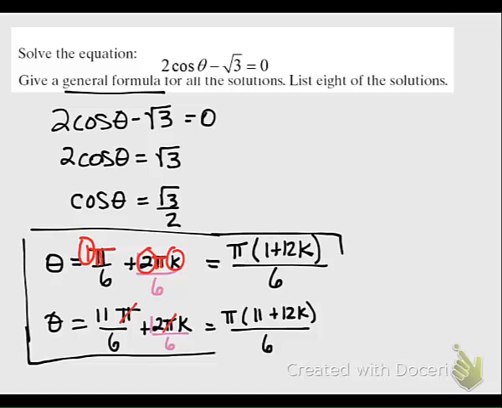So if it were me, this is how I list my general solutions. Then it makes it easier to plug in the k's. Right now, what I'm doing when I plug in the k's, I'm listing 8 of the solutions. So if we plug in 0 for k, I'm going to write it out for you one time.